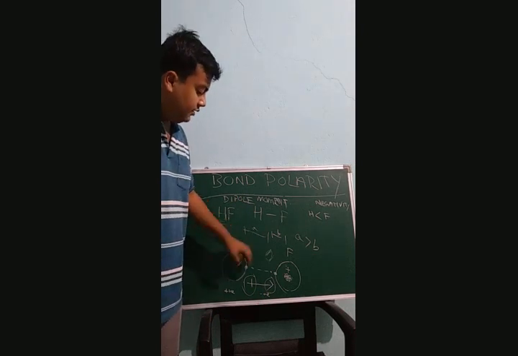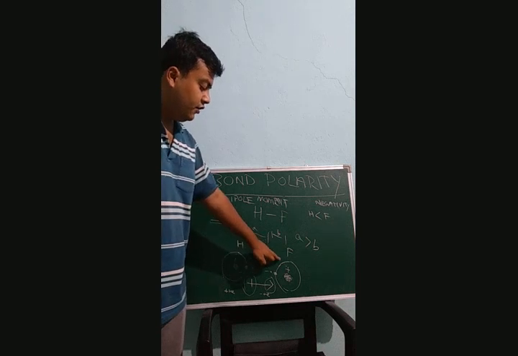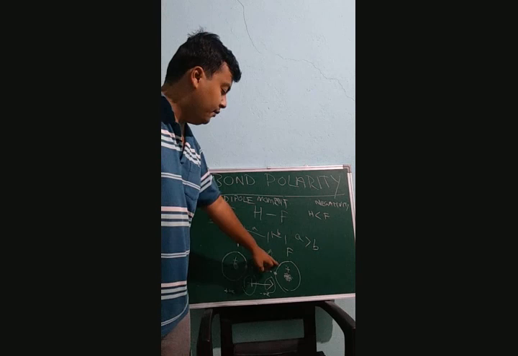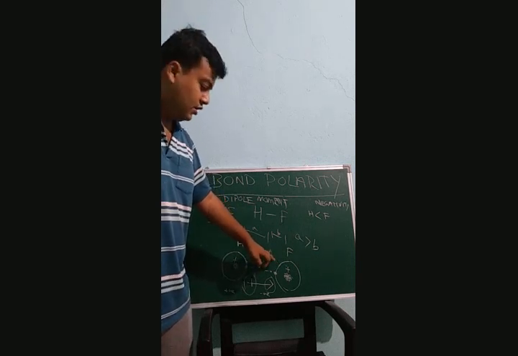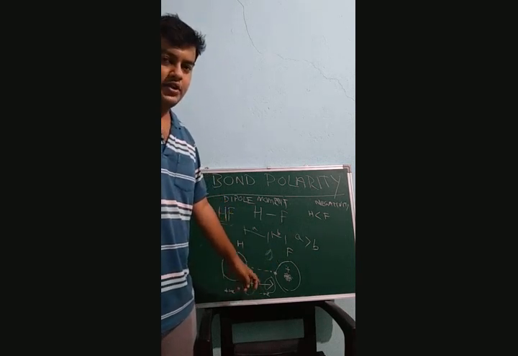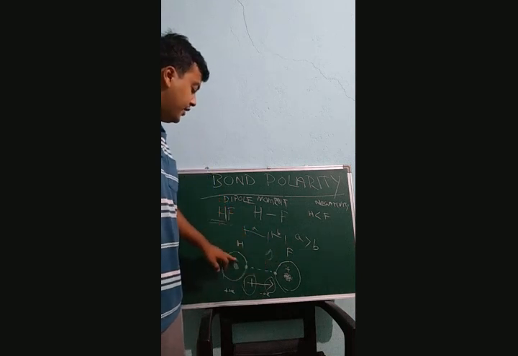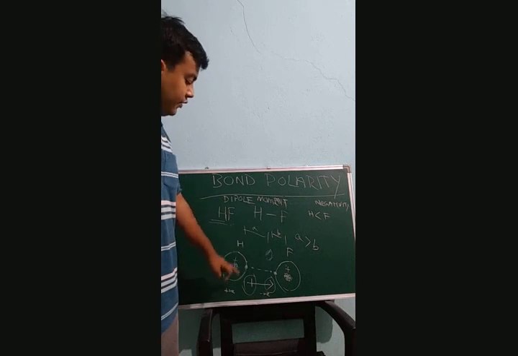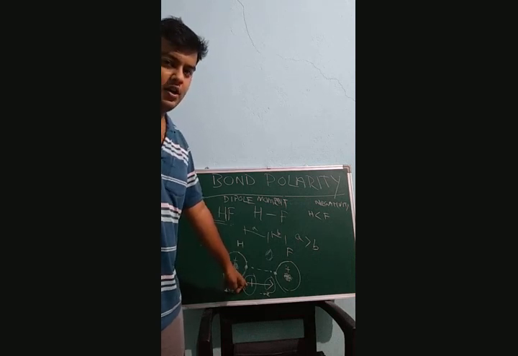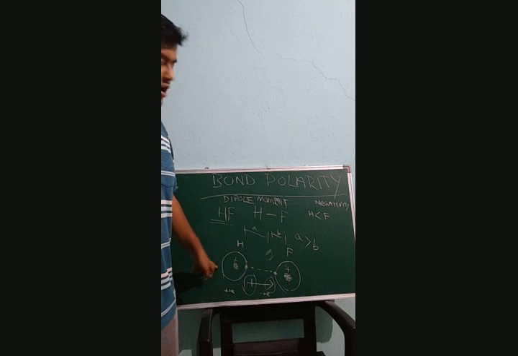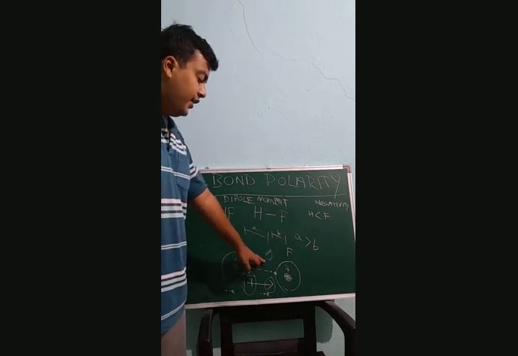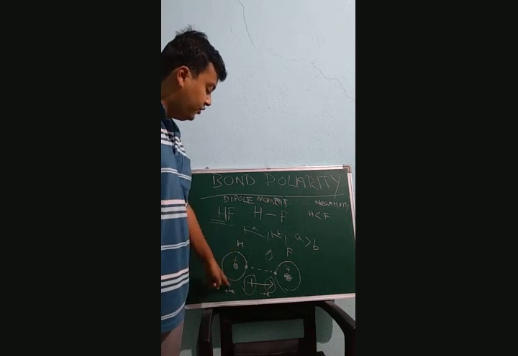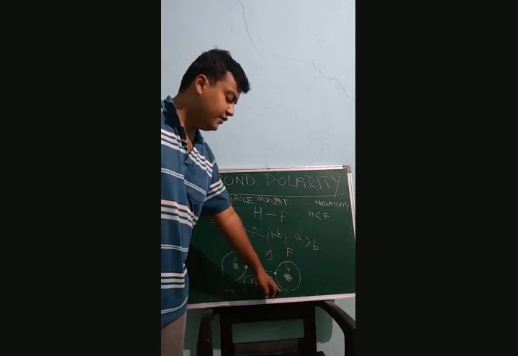Here the fluorine atom is nearer to the electron, so there will be a slightly negative charge in this area, and here the electron is further away from the hydrogen atom, so there will be a slightly positive charge, because hydrogen has only one electron and that is being attracted by the fluorine atom as well. So that's why there will be a development of positive charge here and a development of negative charge.